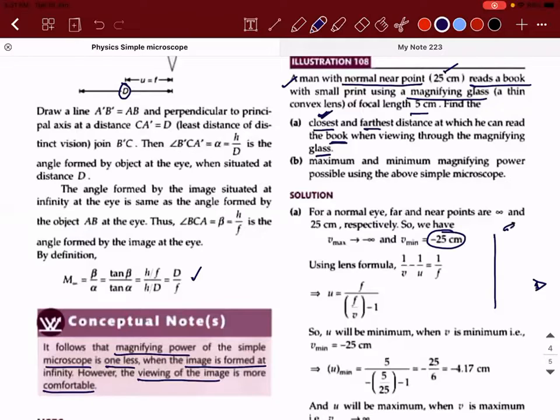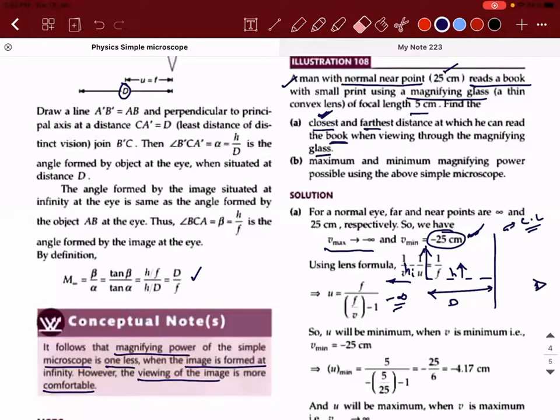If I take this as the convex lens, the image is formed here. This is the height of the object, this the height of the image, this is D. So the minimum distance at which he can read the book clearly is minus 25 centimeter, and he can adjust it to read more comfortably by taking it to minus infinity. Okay, this is a theoretical question.